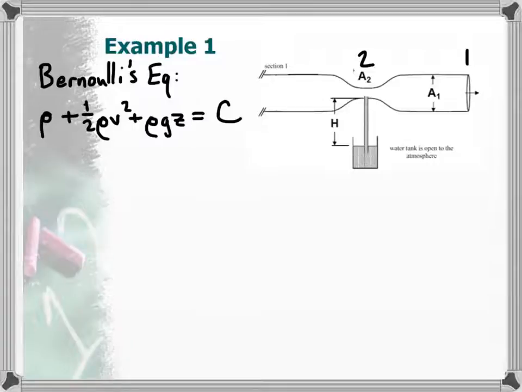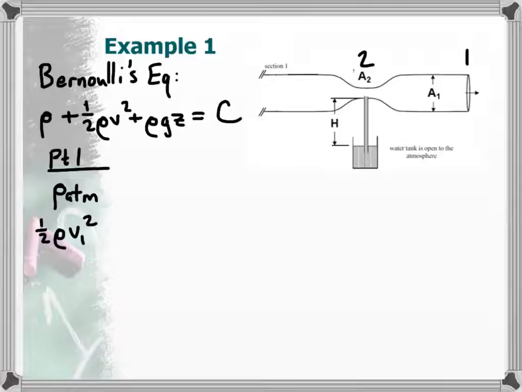So let's figure out what that sum is at point 1. The pressure at point 1 is atmospheric pressure because it empties out into atmosphere. So P atmosphere, that's going to be the first term.